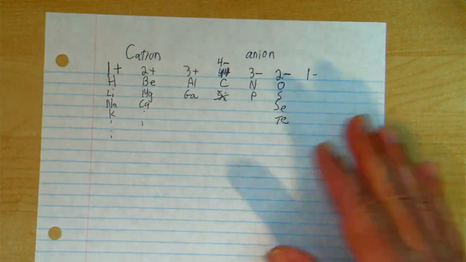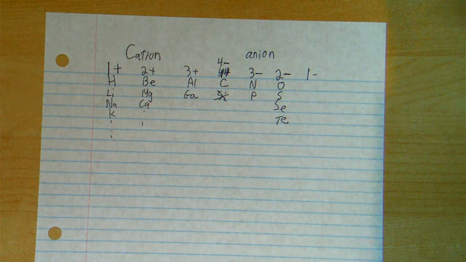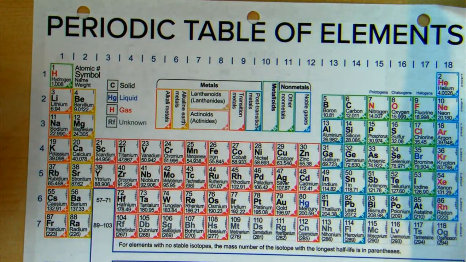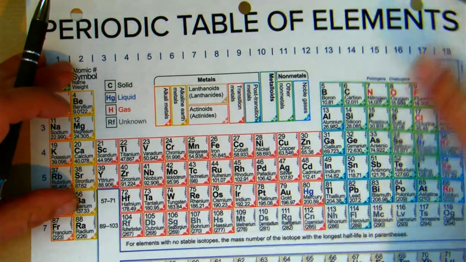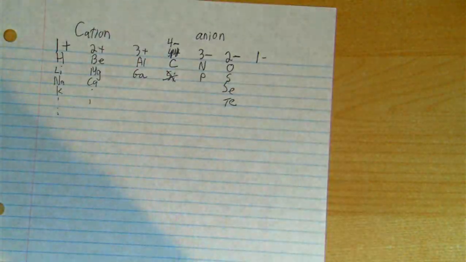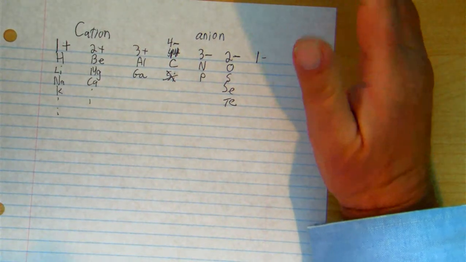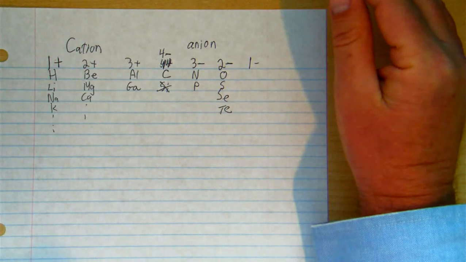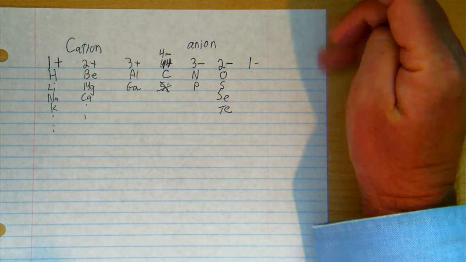Now, there are all kinds of combinations of elements that we can create, and groups of elements. Your goal is to be able to combine these things and write them as a neutral molecule and write the formula correctly for them.